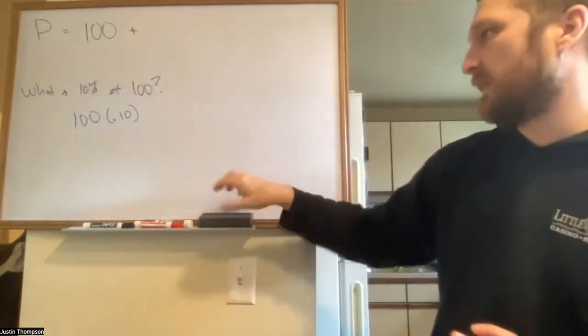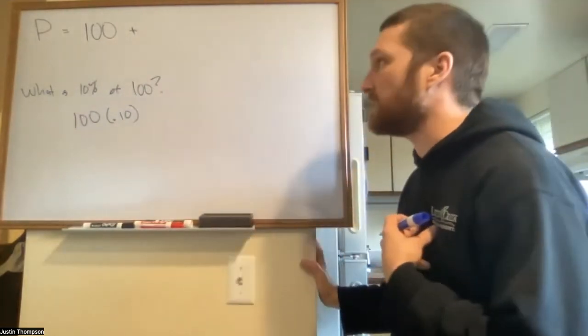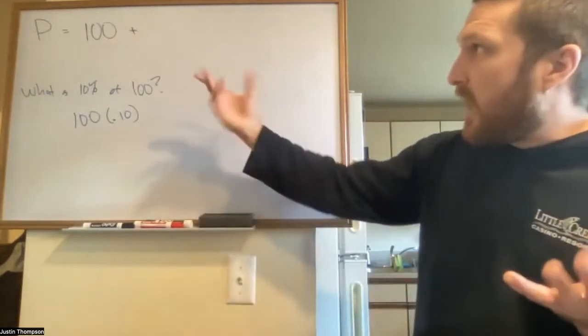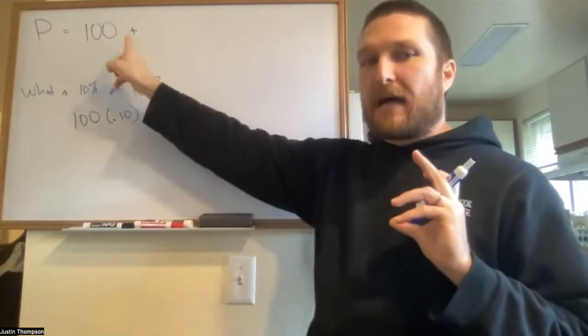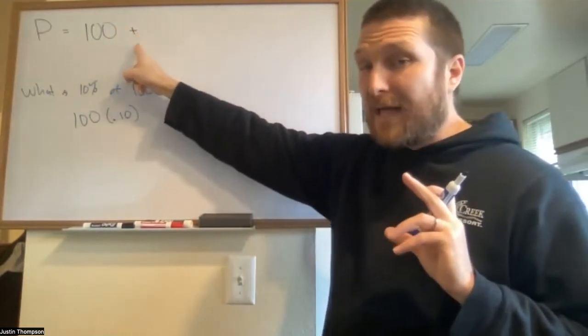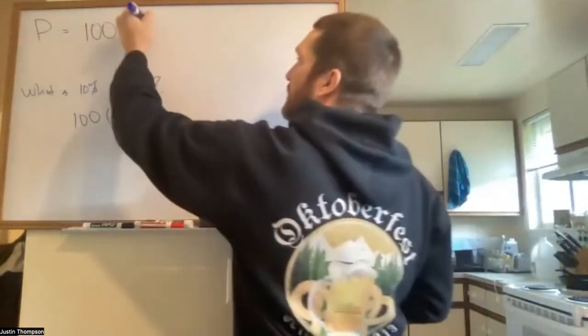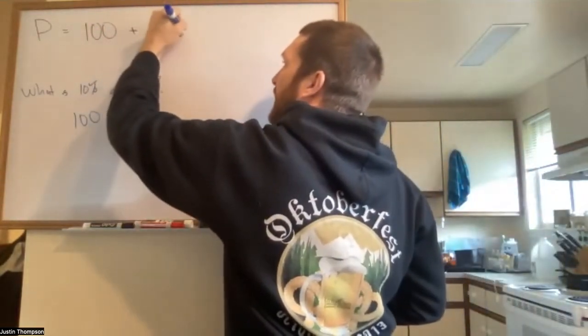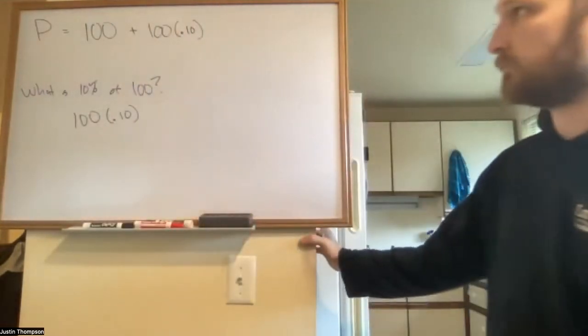So finally, this is what we're going to do. The bank is going to give us, let's find out. Well, we're going to get our $100 back, but on top of that, they're going to also give us plus 10% of that number, which is, you just told me, 100 times 0.10, right there.